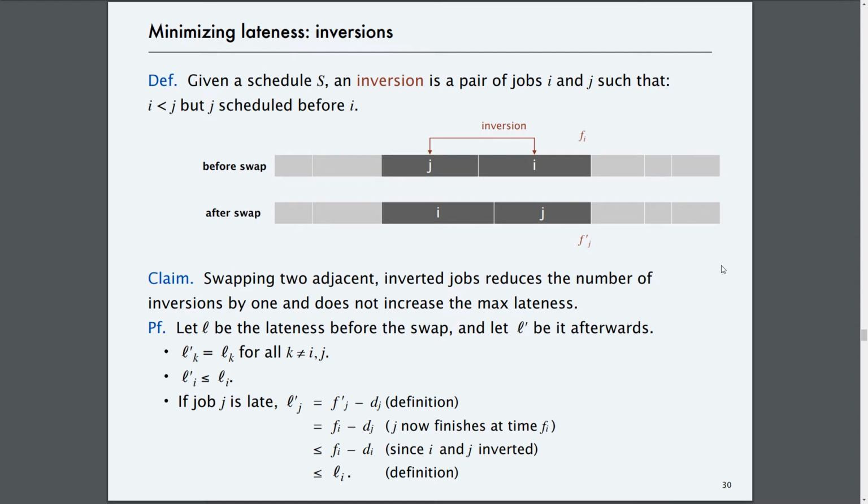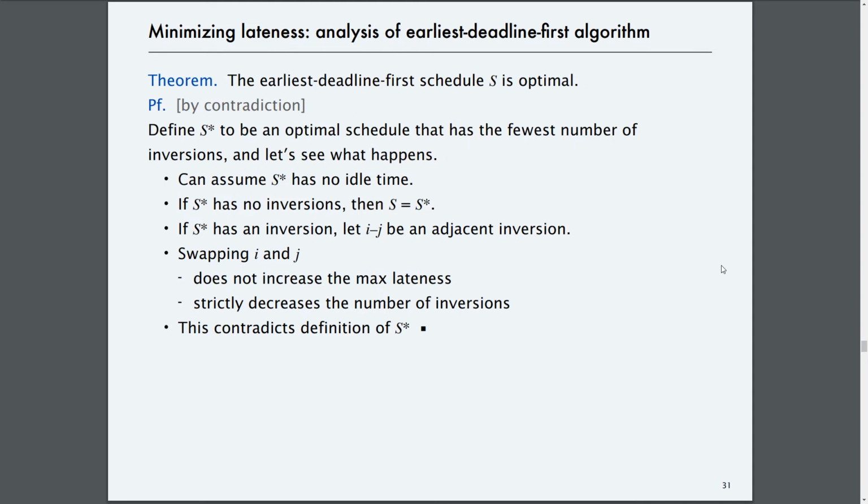And so that's going to be less than the lateness of i in the old schedule. So we're possibly improving our schedule, but it is at least as good. So we can claim that our algorithm is optimal.